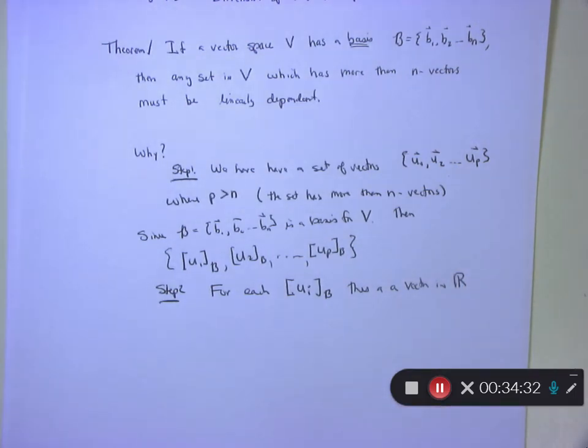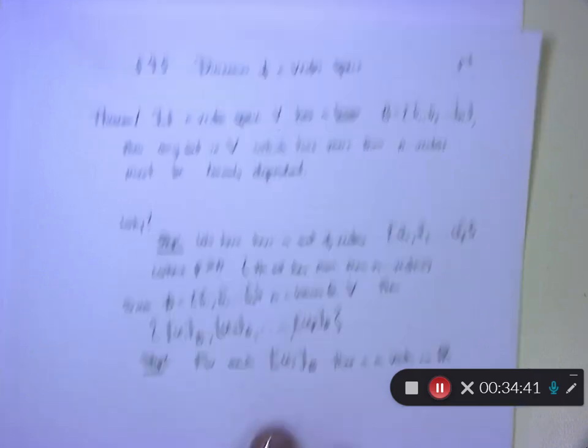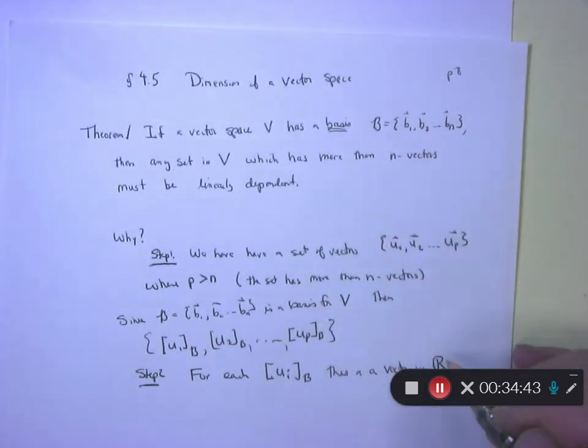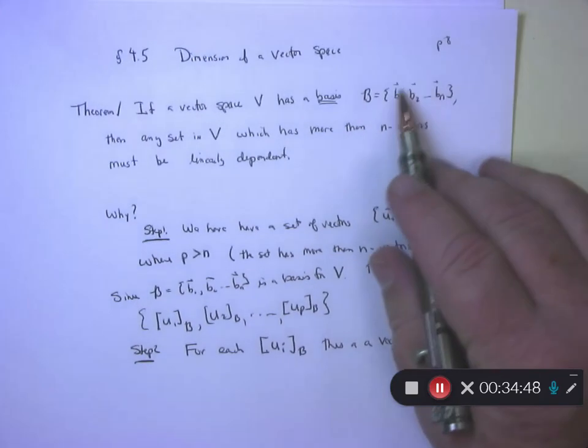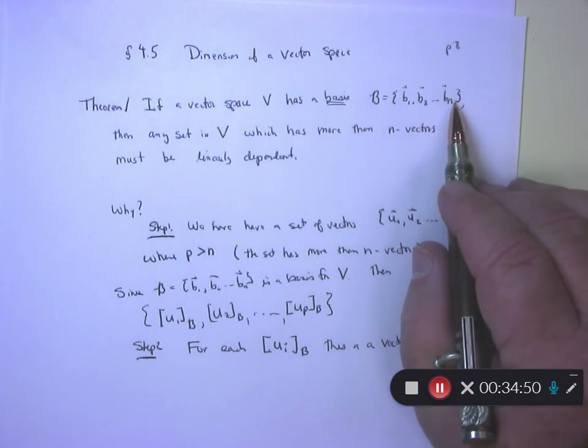What space would this come from? Rn. Not R3. n. Why Rn? Because there's n vectors in the basis right here.